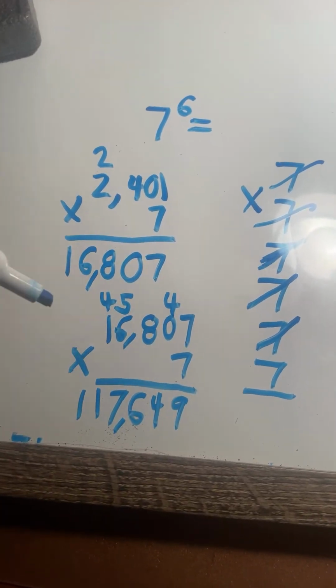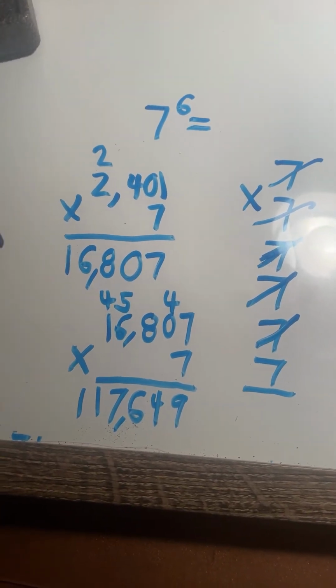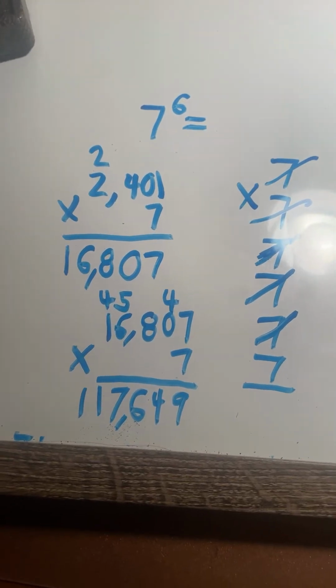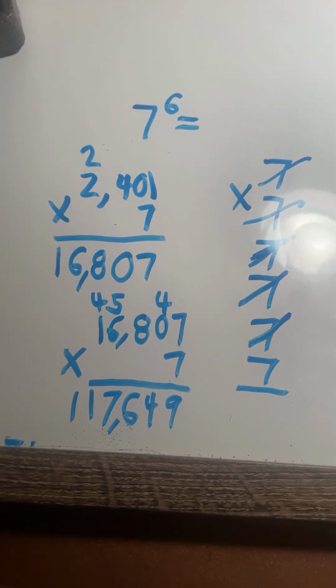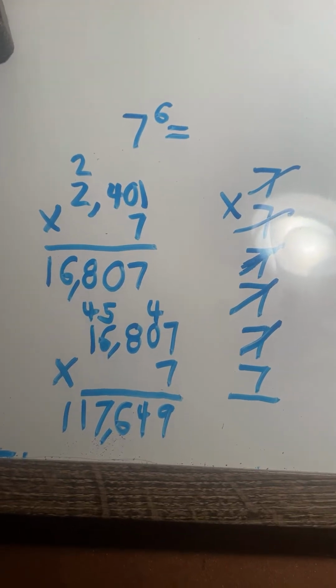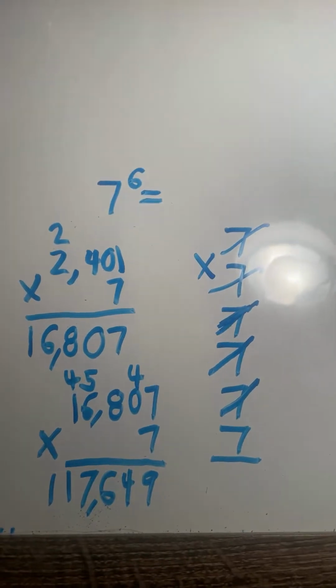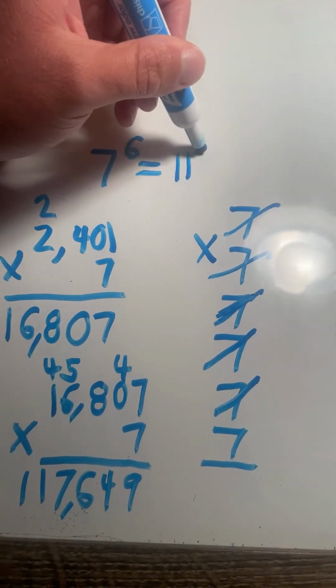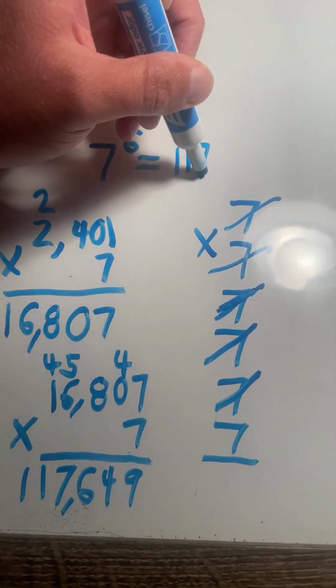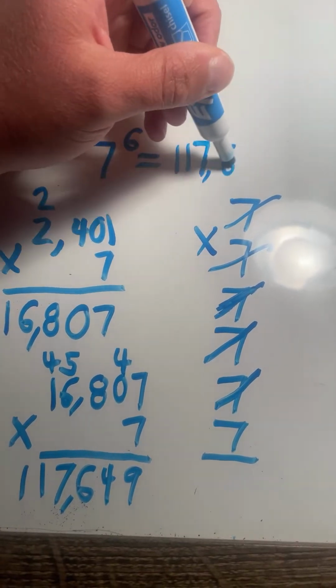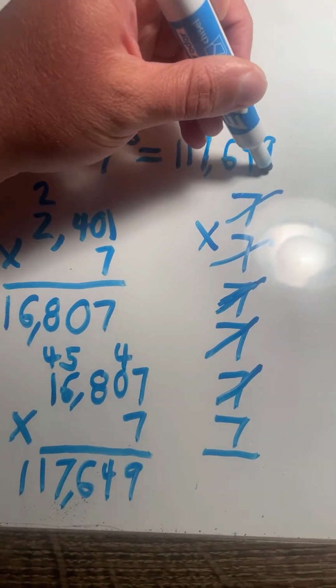And we have our final answer. 16,807 times 7 equals 117,649. So 7 to the 6th power equals 117,649.